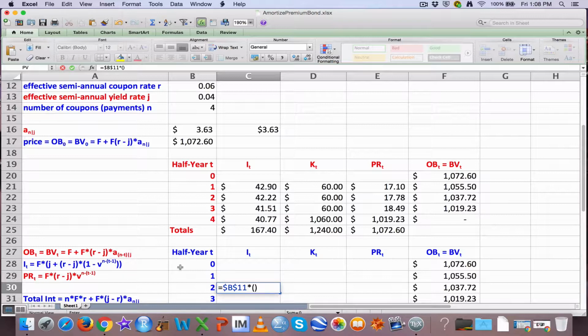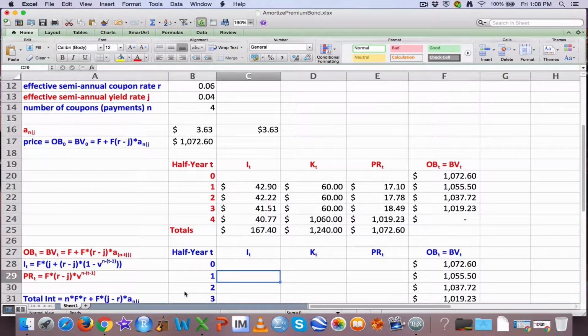Use parentheses. Go inside the parentheses here. Looking again at A28, I have J, which comes from B13. I have, oh, this is the wrong cell here. Sorry about that.